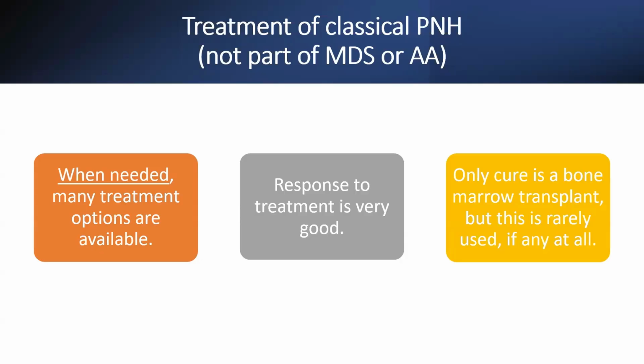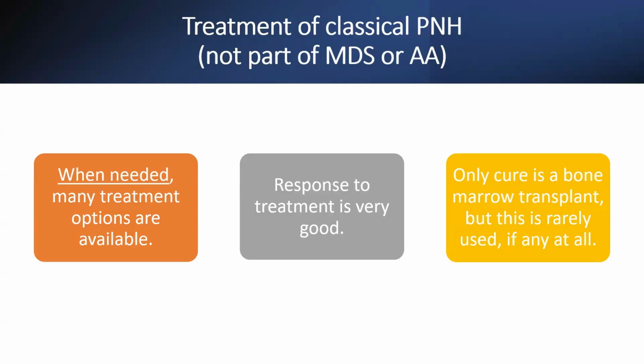I want to say generally that the treatment is very good. We have many options, so even if the first treatment is not giving you the response that you're looking for, there are alternatives now. So we're ever improving our outcomes, improving the quality of life. And if you do well on treatment, they have shown that life expectancy can be as good as someone who doesn't have PNH.